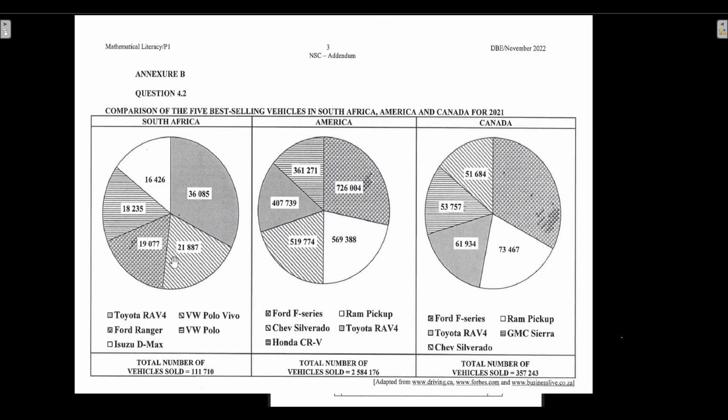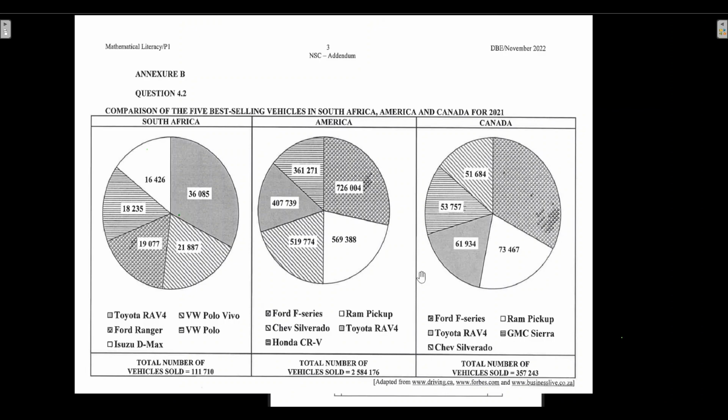The dots tell us about the Ford Rangers, and the horizontal stripes tell us about the VW Polo. Then we've got how many vehicles were sold in America. In this case, the top vehicles in America are the Ford F-Series, the Chevy Silverado, the Honda CR-V, the Ram pickup, and the Toyota RAV4. Those are the best-selling vehicles in America.